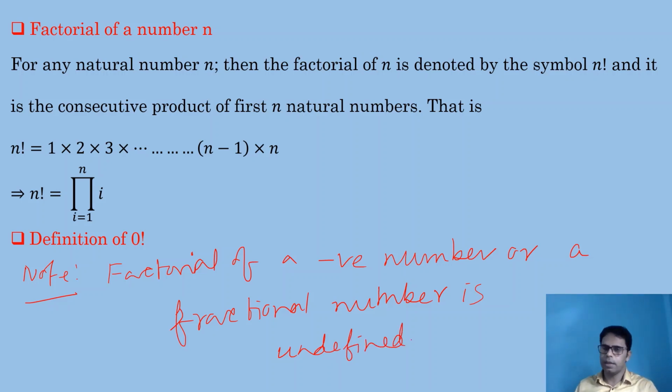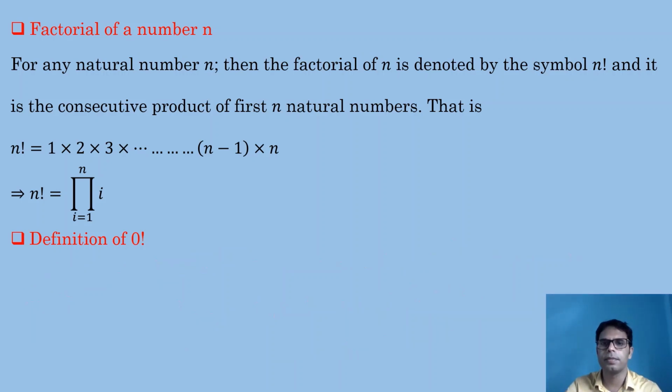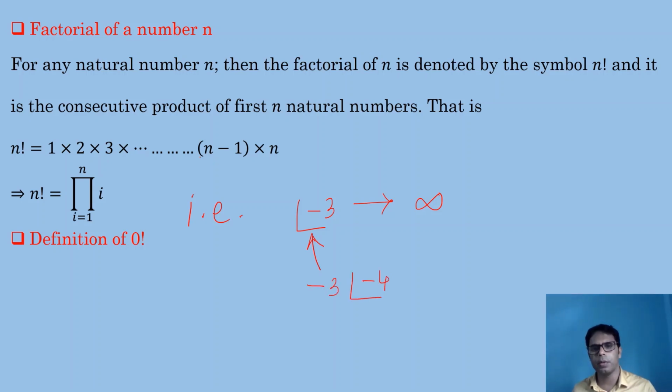That is, you write after this, that is, I am erasing this, that is factorial of say minus 3. This is undefined, meaning it will go to infinity. Undefined means infinity, because factorial minus 3, if you use the property of factorial, then if you take this minus 3 outside the factorial, by property it will be minus 4.